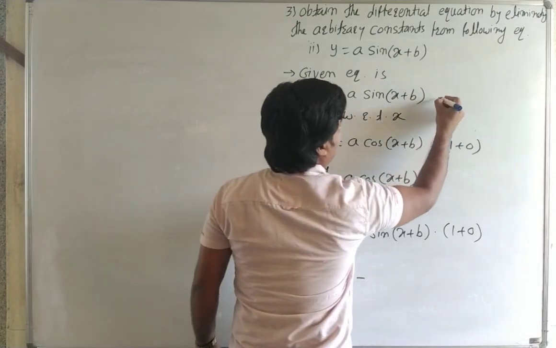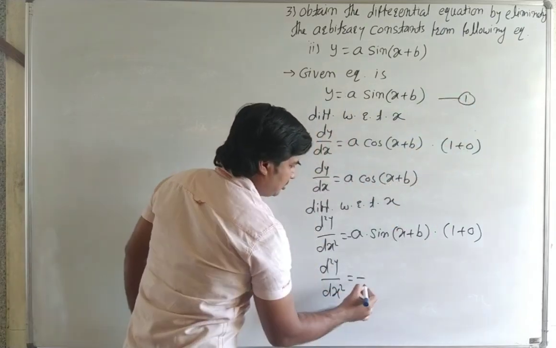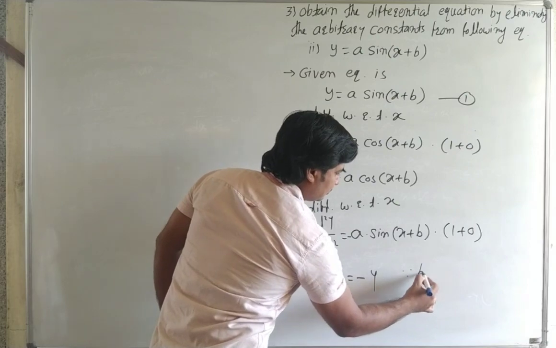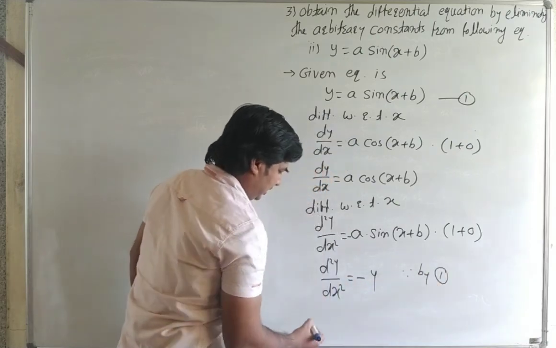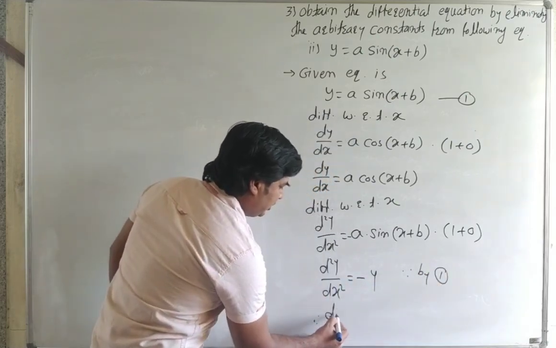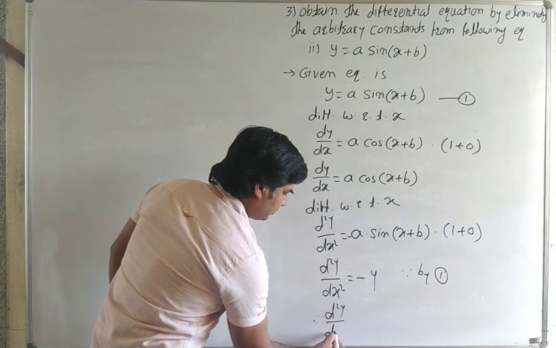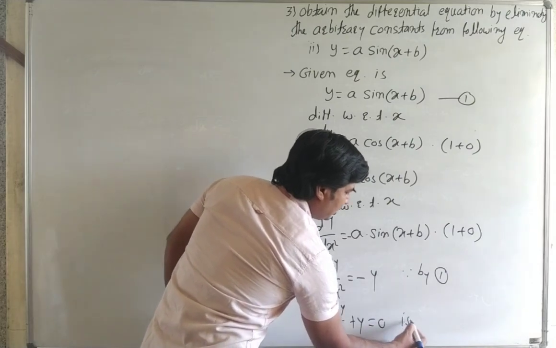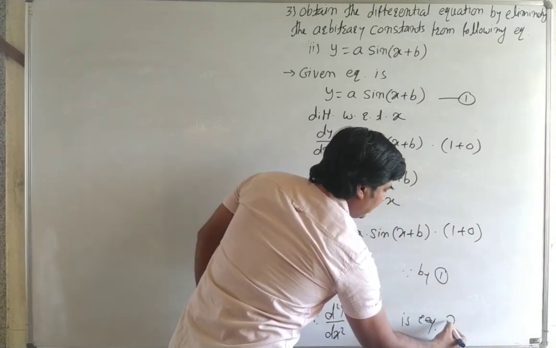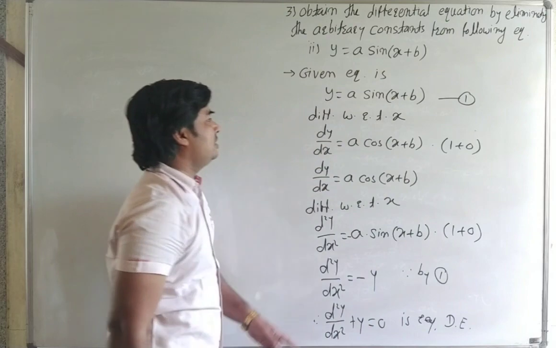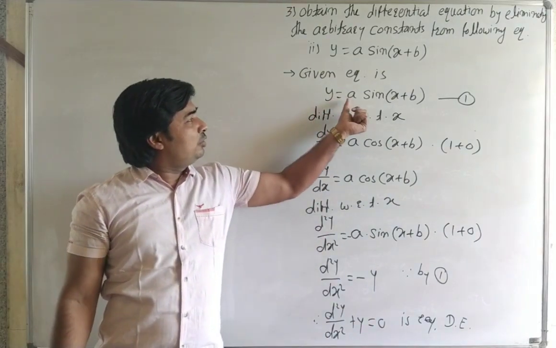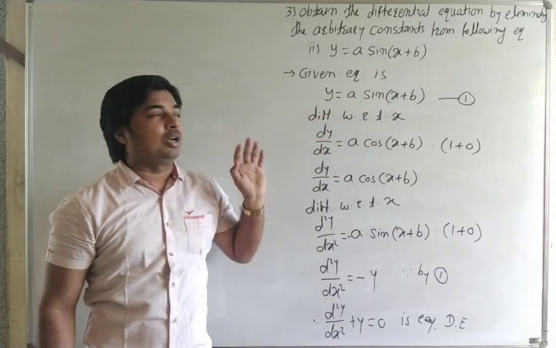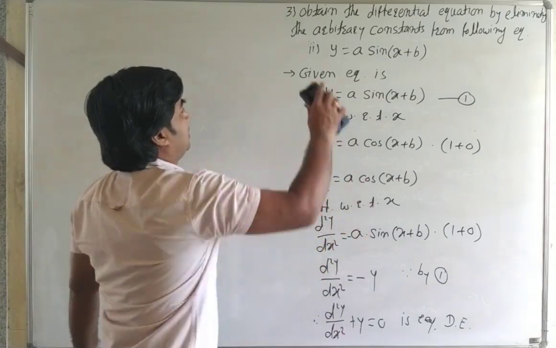A sine x plus b is the given equation number 1, that is y, and therefore the last answer is d2y by dx2 plus y is equal to 0, the required differential equation. See carefully: here y is equal to a into sine x plus b, there are two arbitrary constants, so we differentiate two times. Now the next, third example.